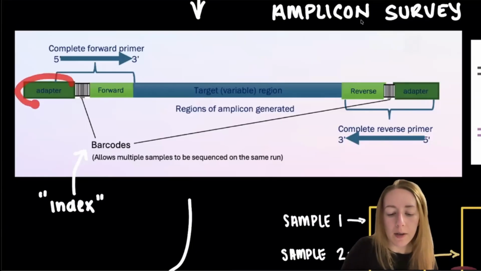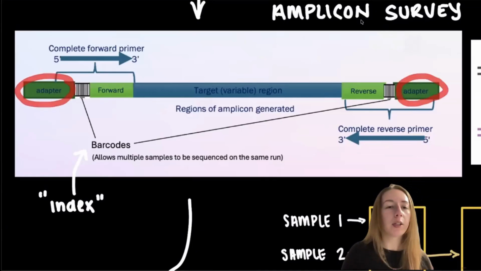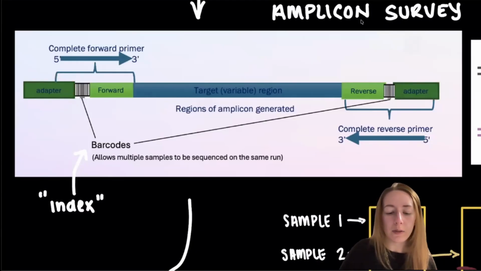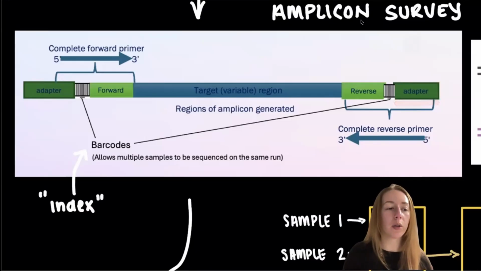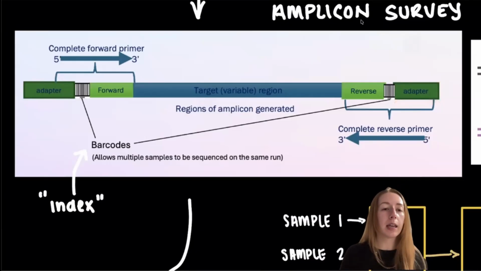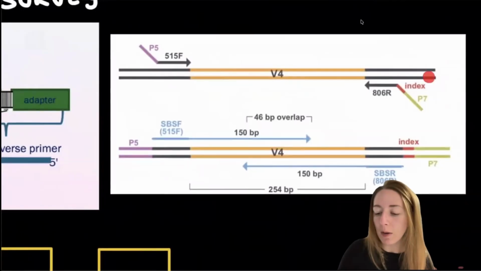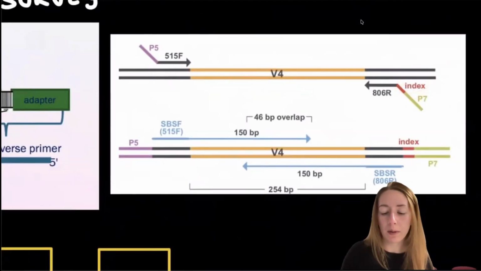And then we have here also adapters, and these are going to be different for every single library prep kit, and those will be specific to the sequencer. However they work, they're meant to facilitate sequencing later down the line. Here's also an example. Here they're called index instead of barcode. But again, they have those primers.